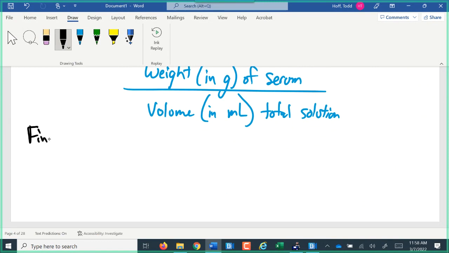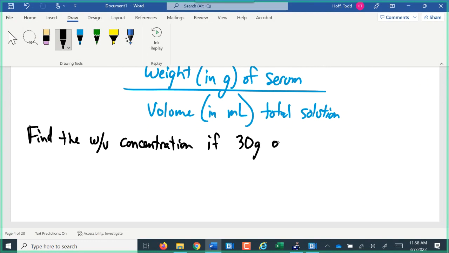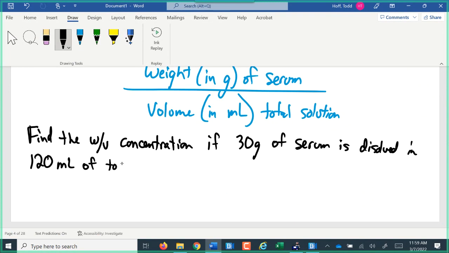Find the weight in volume concentration if 30 grams of serum is dissolved in 120 milliliters of total solution.